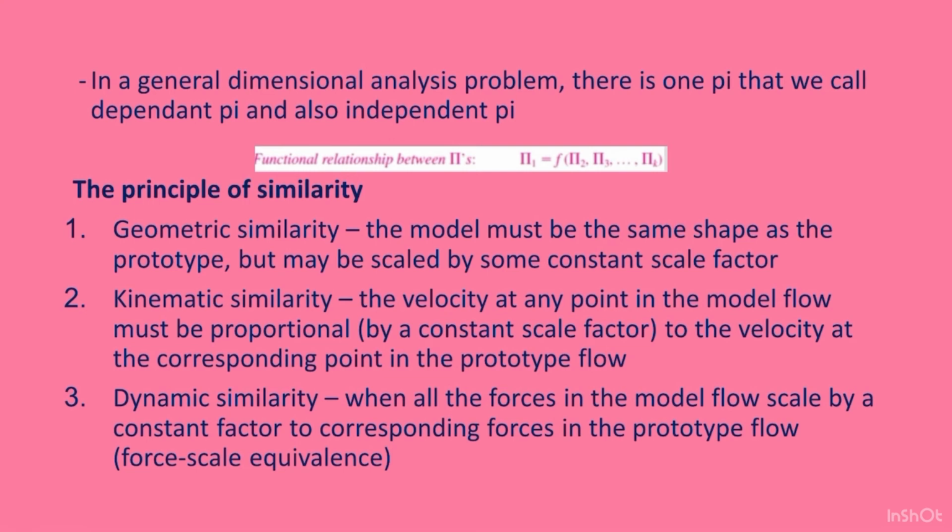Second is kinematic similarity, which is that the velocity at any point in the model flow must be proportional by a constant scale factor to the velocity at the corresponding point in the prototype flow. The third one is dynamic similarity, which is when all the forces in the model flow are scaled by a constant factor to corresponding forces in the prototype flow, which is force scale equivalence.